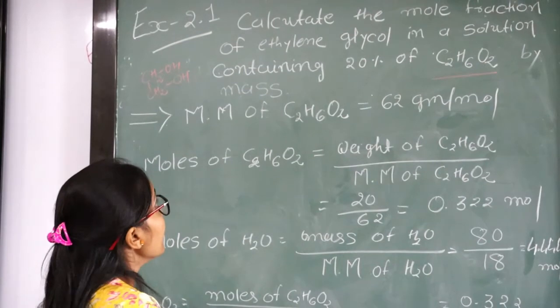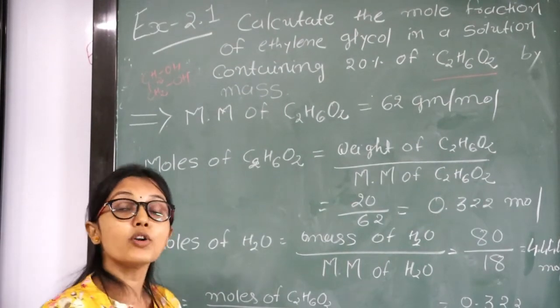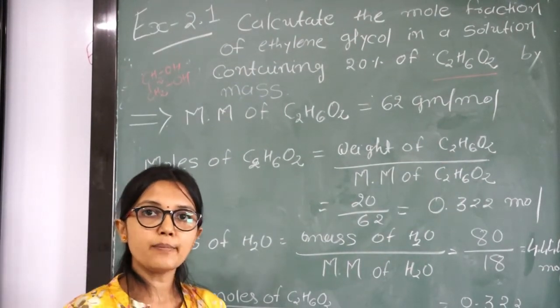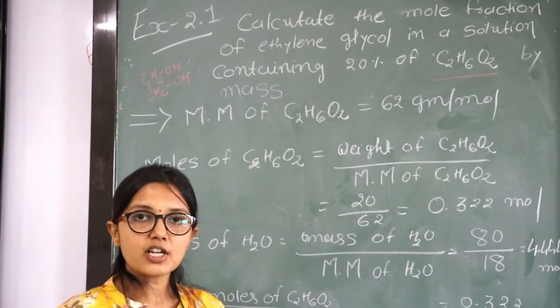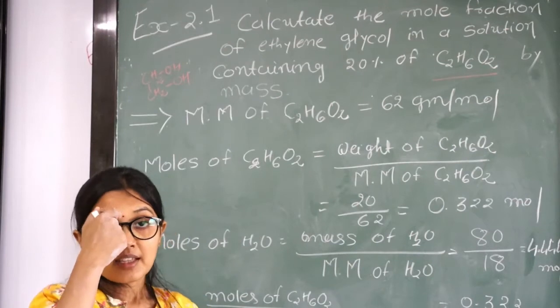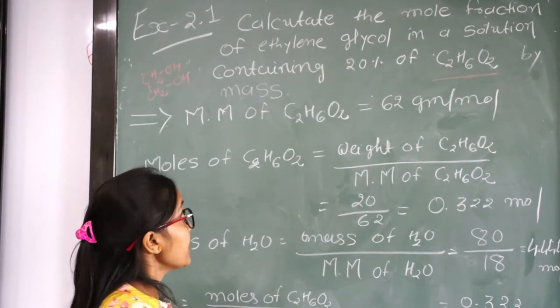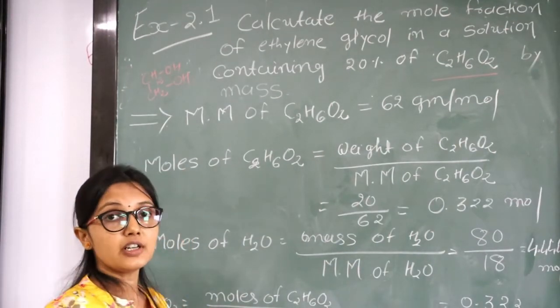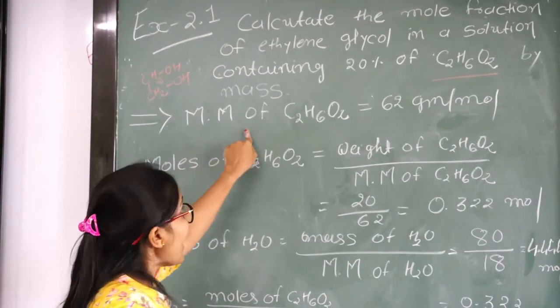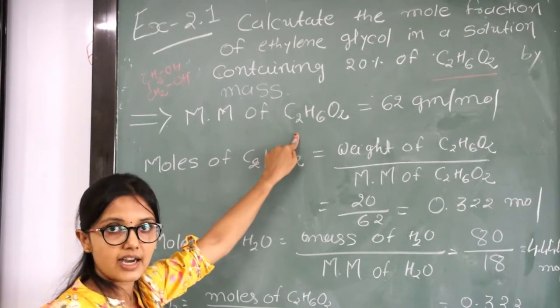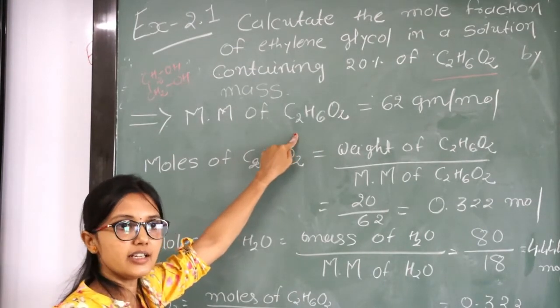The question is, calculate the mole fraction, denoted by X, of ethylene glycol. To calculate that, first of all I will calculate the molecular mass, or molar mass, of ethylene glycol.